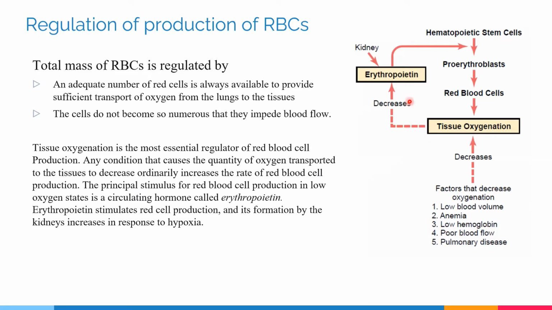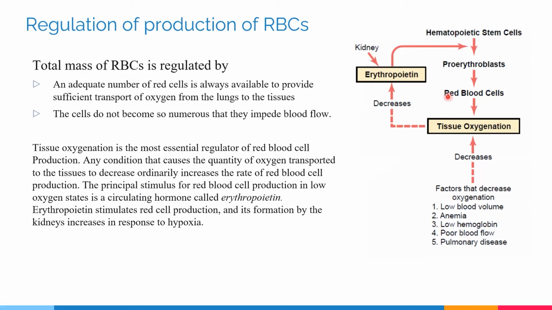This decrease in tissue oxygenation signals to the kidney, which produces an excess amount of erythropoietin. This excess erythropoietin reaches the hematopoietic stem cells and allows them to differentiate faster to form the proerythroblasts, which finally form the red blood cells.